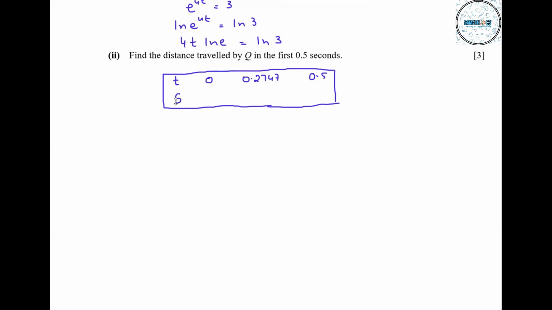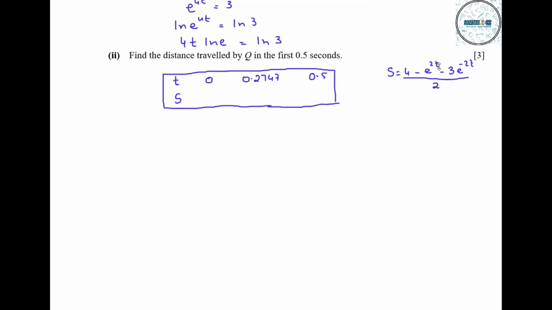We will take out s by substituting in the equation. We have here s is equal to 4 minus e power 2t minus 3 e power minus 2t, all upon 2.